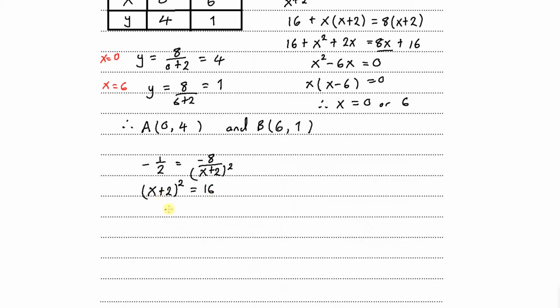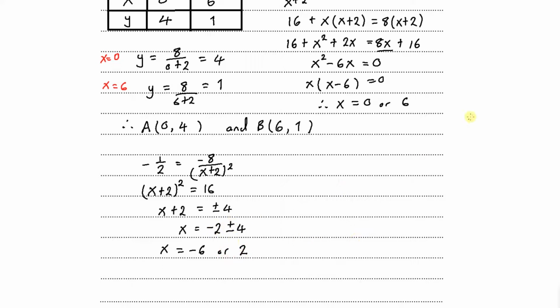Then we can square root both sides, so x plus 2 will come out as plus or minus 4, which means then that x is equal to minus 2 plus or minus 4. So we have got two values here, that is x is equal to minus 2 minus 4, which is minus 6, or minus 2 plus 4, which is 2.